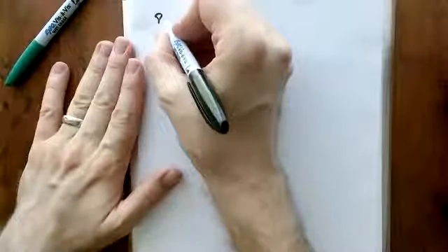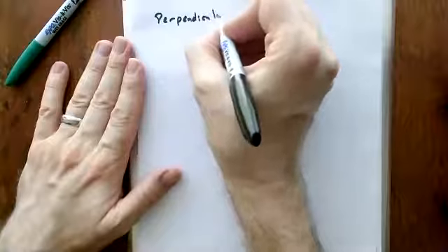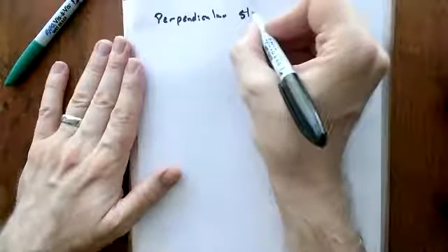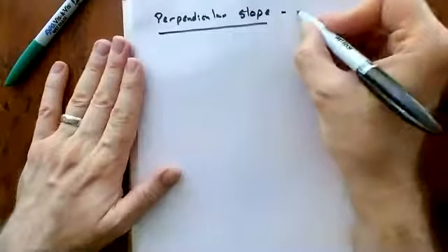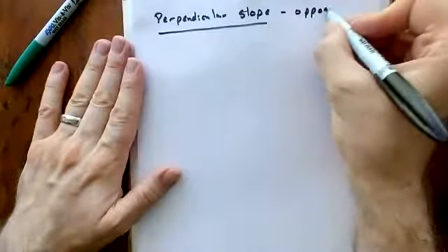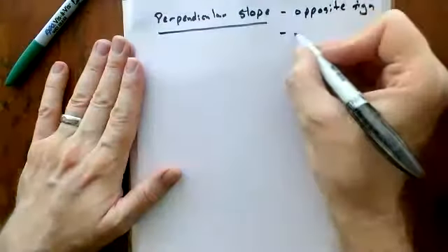The thing to consider with a perpendicular line is that a perpendicular slope is the opposite sign as your slope, and it's the reciprocal.